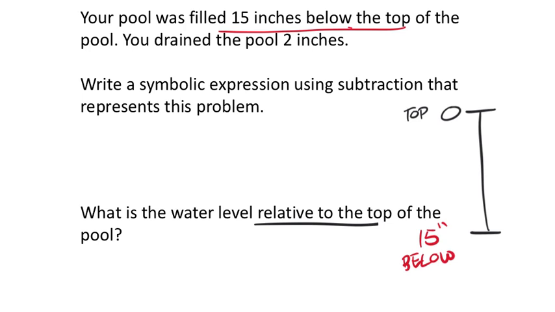But then you drained. So draining means you're going to go down further 2 more inches. So from 15, I would have to go down again 2 inches. So this would be 16 inches below and then 17 inches below.